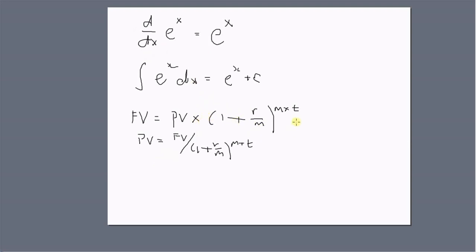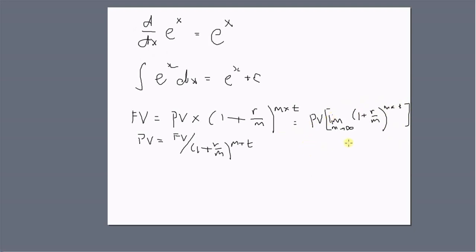This will be equal to PV times the limit as m tends to infinity of this expression inside here, (1 + r/m)^(mt). Okay, so this is already in itself a continuous compounding formula.